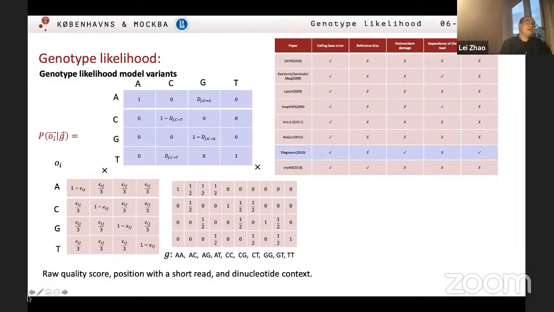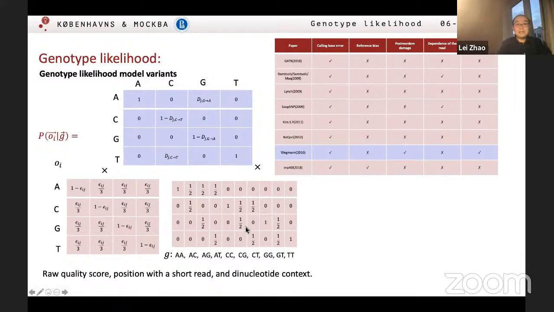Oh, sorry. So actually the Wigman's paper, or the Alatas, actually they plug in a kind of postmortem damage matrix. Now, because they take into account this kind of C to T change, remember I said to you, and also G to A change for ancient DNA.